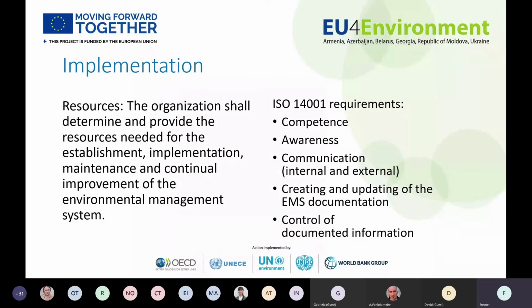Now, into resources, the organization needs to identify resources needed for establishment, implementation, and maintenance of the environmental management system. All that we have been discussing, starting from the evaluation of the aspects to controlling certain activities, needs resources, needs informed people, needs trained people.